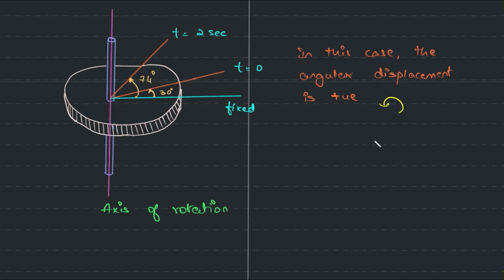If it goes the other way around, clockwise, I'll say the angular displacement is negative.